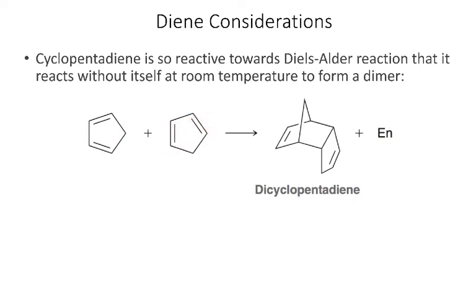The Diels Alder reaction makes another ring, and so that's why we get this tricyclic compound. It turns out that in order to use cyclopentadiene as a reagent, because this compound so readily forms at room temperature, we have to heat it up to get the retro Diels Alder reaction to happen, and then once we've reformed the cyclopentadiene, we can use it in the Diels Alder reaction.